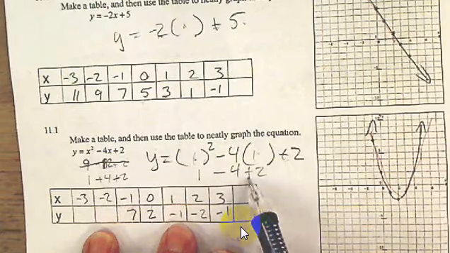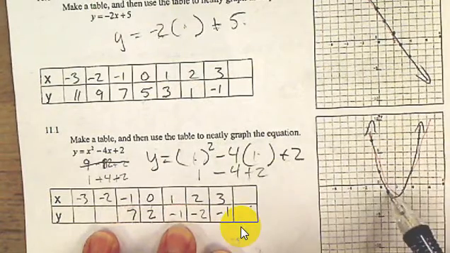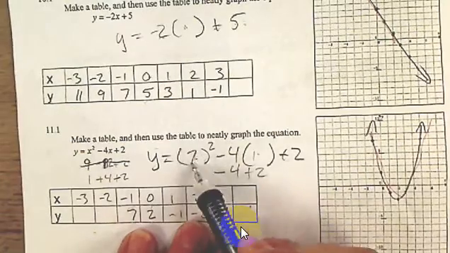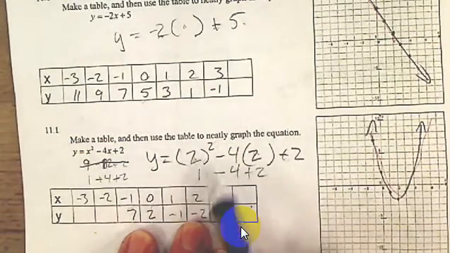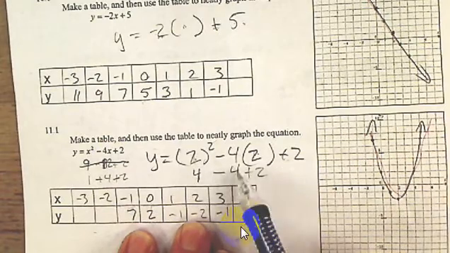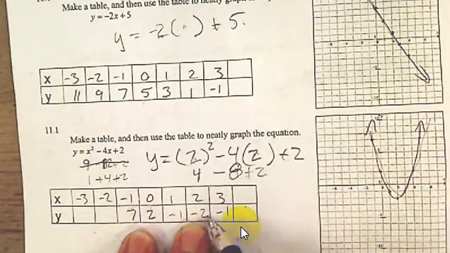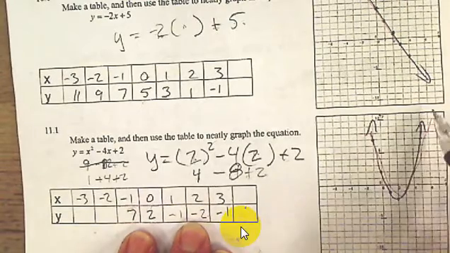Negative 3 plus 2 is negative 1. So then I'd go 1, negative 1. Plug in 2 now. 2 squared is 4. 4 times 2 is 8. So I have negative 4 plus 2 is negative 2. And you just keep plotting the points till you see the parabola. Keep plotting them until you see it.